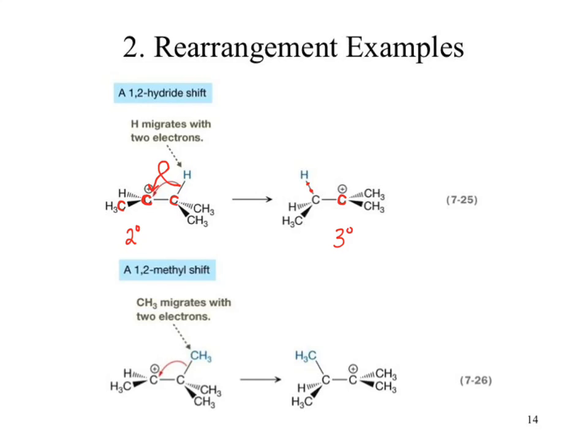It's hydrogen shifting with 2 electrons, which is known as a hydride. Hence the term hydride shift. Okay. The most common ones that you'll see will be numbered as a 1-2 hydride shift. What's the 1-2 in reference to? The relative position of where your hydride started and where it ended. Okay. So it's an attempt at nomenclature to specify how far it jumped.